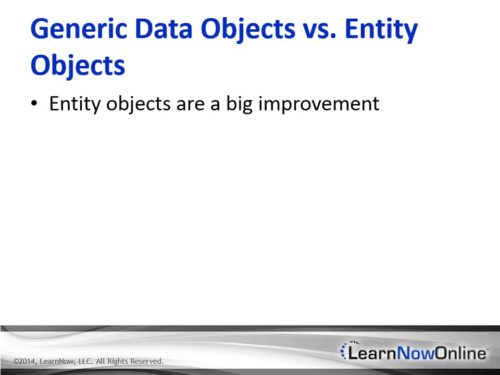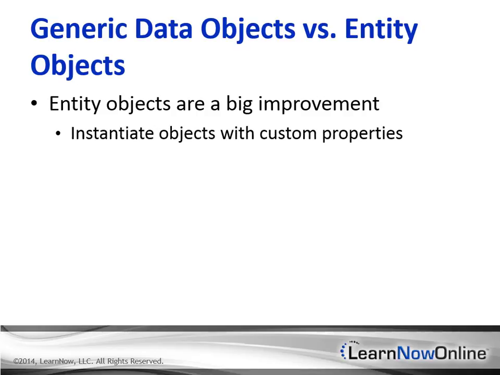But entity objects are a big improvement over generic data objects. Instead of instantiating a dataset object that contains data tables for customers, orders, and order details, you can instantiate a customer object with custom properties related to being a customer, and order details, along with navigation properties that easily access related entities and the behaviors that are germane to those entity types.